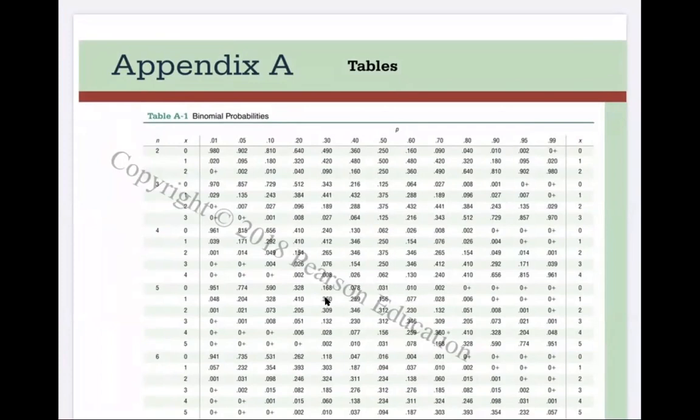Now we have to add 0.360 and add 0.309 and plus 0.132. Okay, these 4 values are the answers.